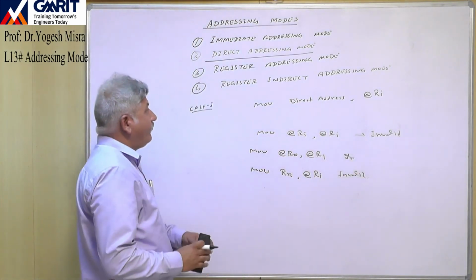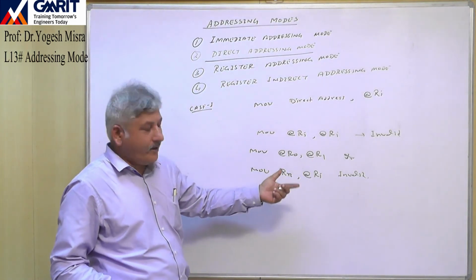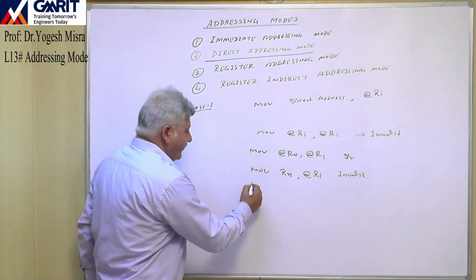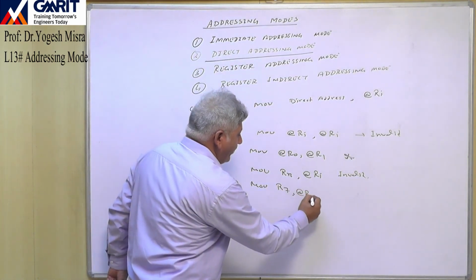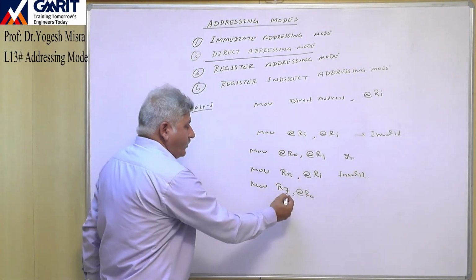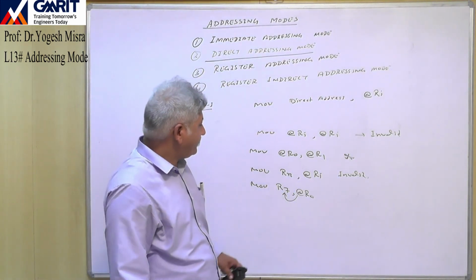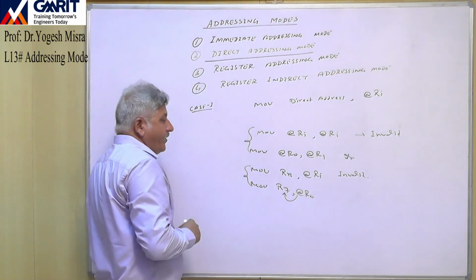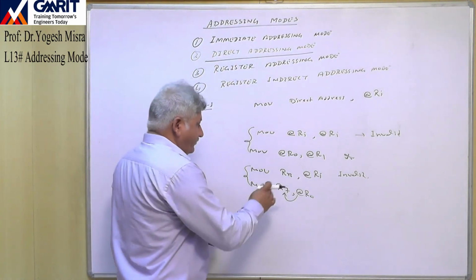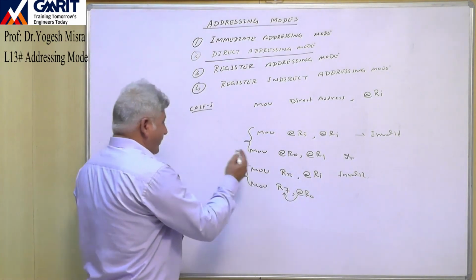So in case of register indirect addressing mode, we cannot directly move the data into an Rn register. For example, move R7, comma @R0. This is not possible because directly we cannot move into the R7 register. So this is also invalid. But of course, here you can use the A or B register.